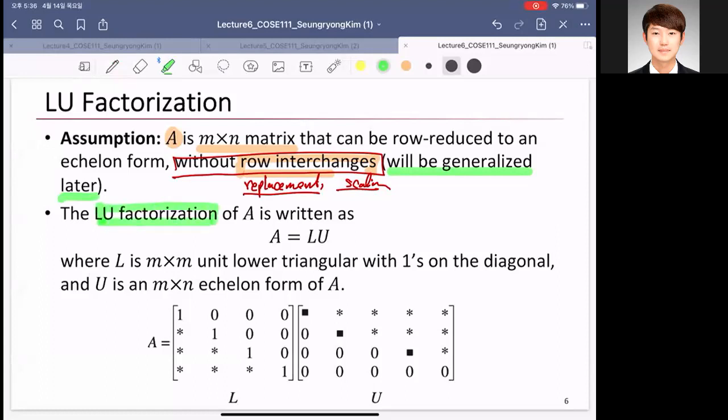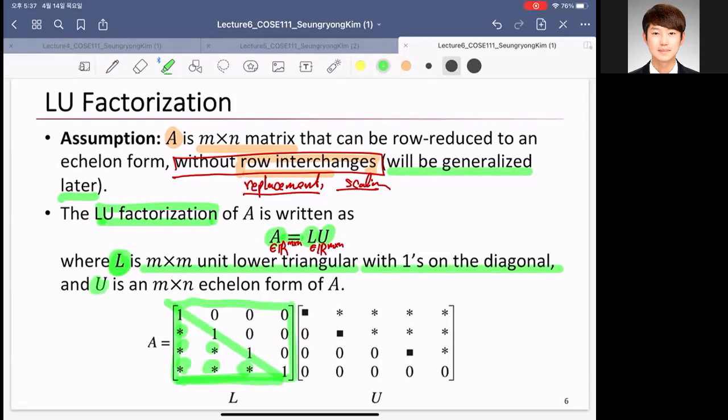Matrix A is written as A equals L times U, where A is an m by n matrix, L is an m by m unit lower triangular matrix with ones on the diagonal, and the entries below the diagonal can be nonzero or zero. The shape looks like this.